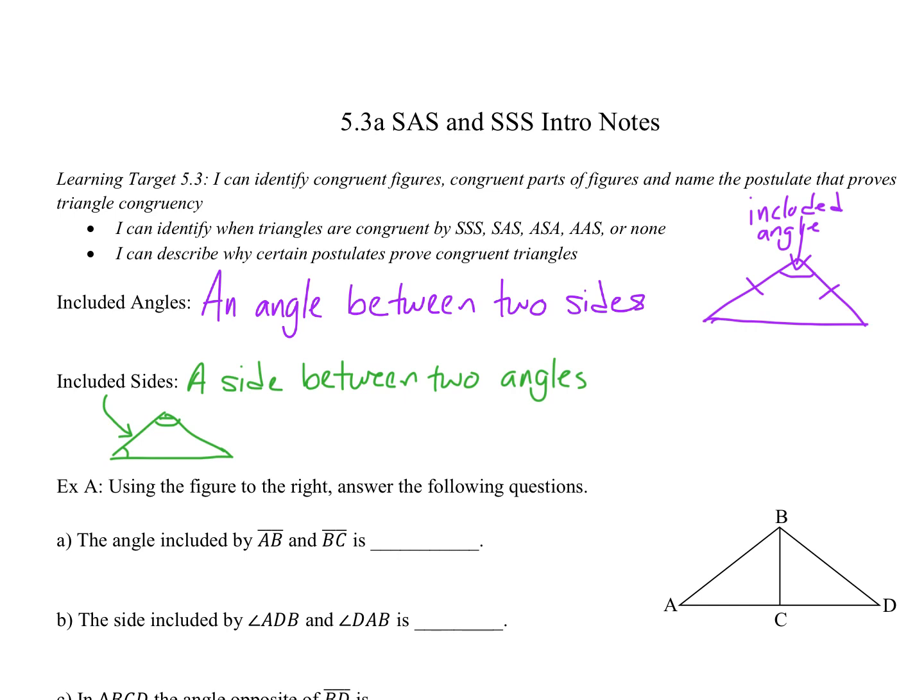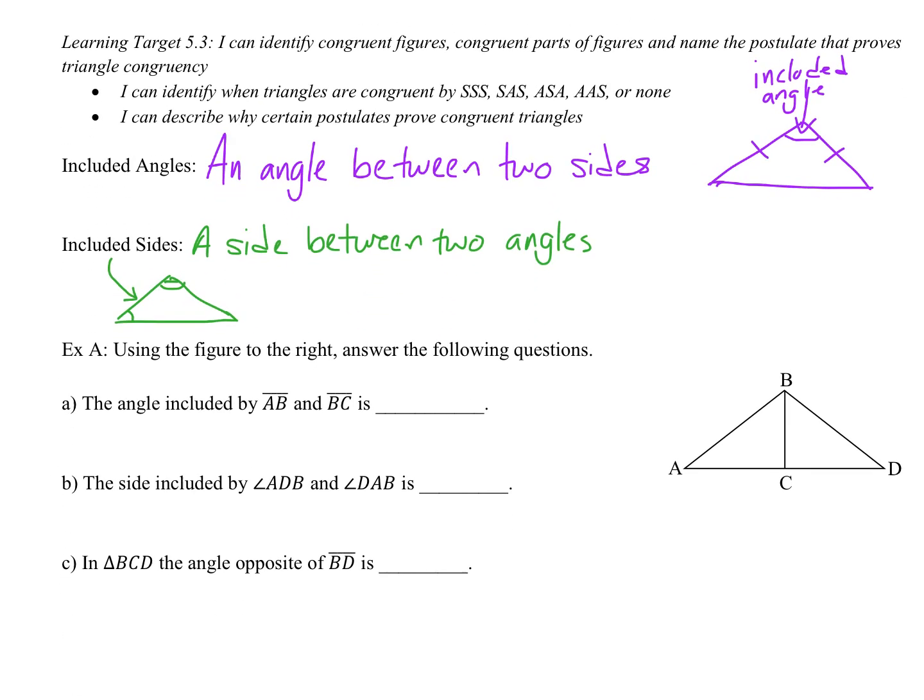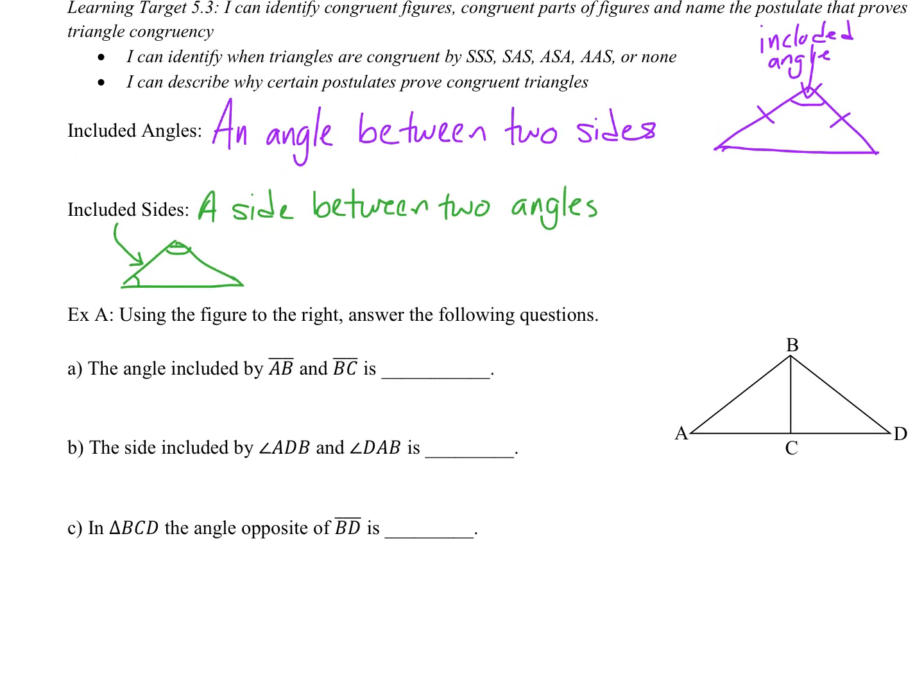Okay, one thing I noticed on the quiz and previous homeworks is that you guys seem to have forgotten a little bit about naming angles. So we want to know the included angle by the segments AB and BC.